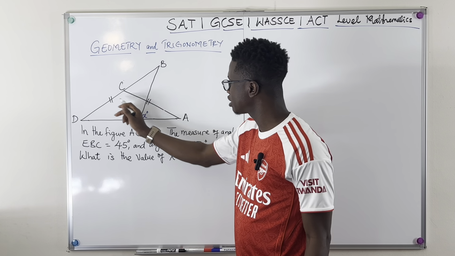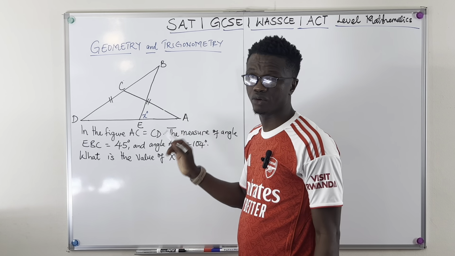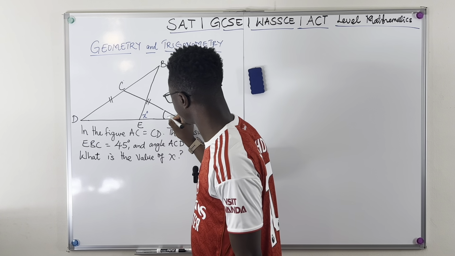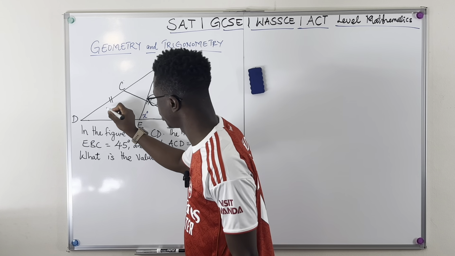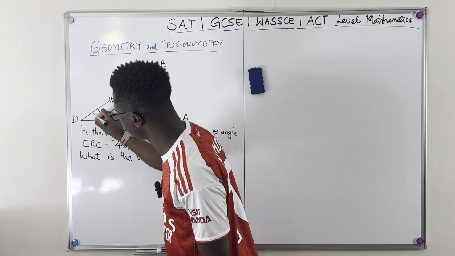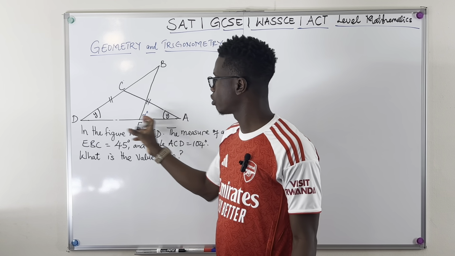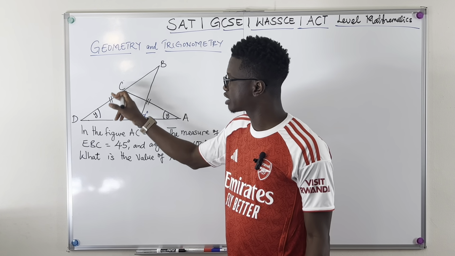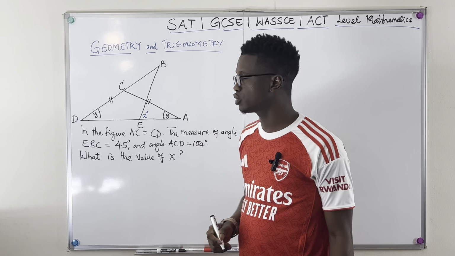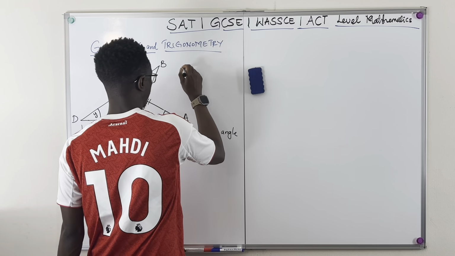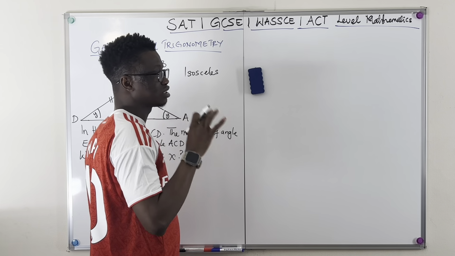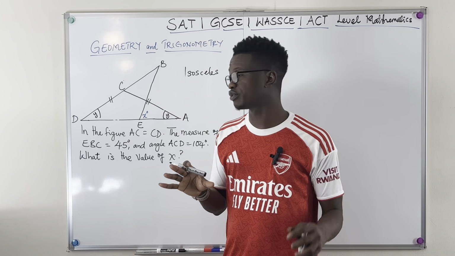If you have this length and this length being equal, it means their angles are also the same. So this can be y, and this again can be y. The base angles can be the same, because this triangle is called an isosceles triangle. So that's the first thing you have to identify.